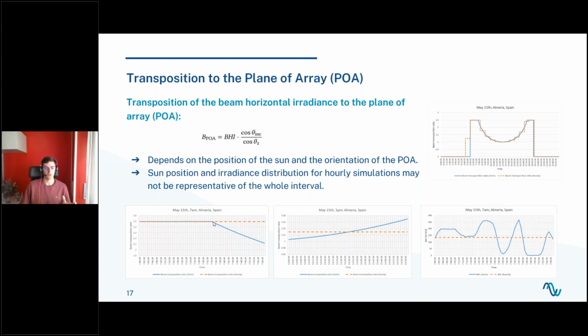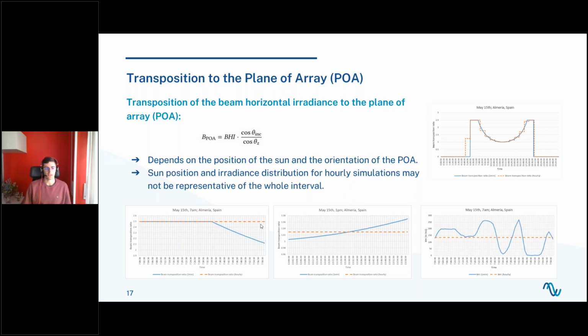Early in the morning the tracker was fixed, but at some point the tracker started moving, and so the transposition gain was being reduced from that point. So this is considered with the sub-hourly simulation, as we are evaluating all the intervals of the hour, but not for the hourly simulation.